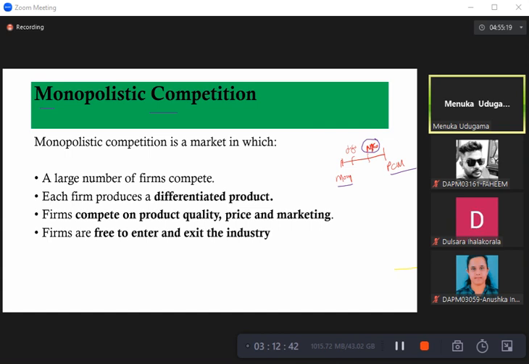Okay, so you would have read the characteristics. Can you think of examples? There are a large number of firms, but differentiated products that compete on product quality and pricing.